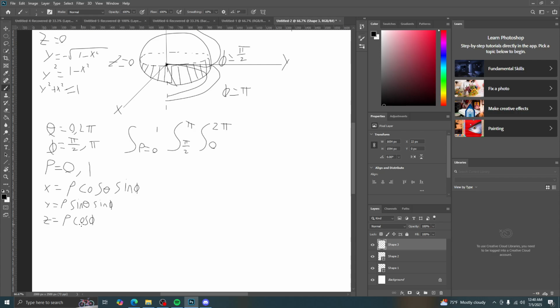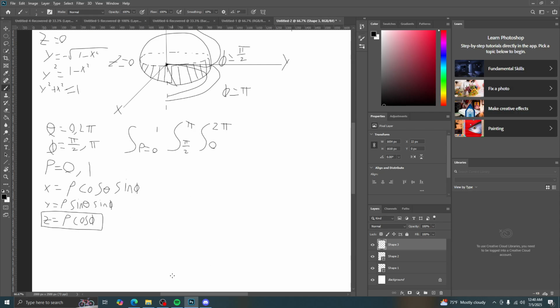Cosine theta is in here, but there's no cosine phi anywhere, and sine phi is in these, but there's no cosine phi. So cosine phi is for the z. Sine theta and sine phi are in there, and cosine theta is in there, and rho is in all three. I don't know if that was a really good explanation for memorizing it, but that's just how my brain works.